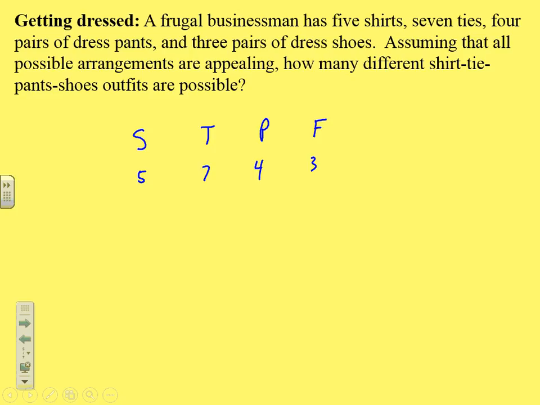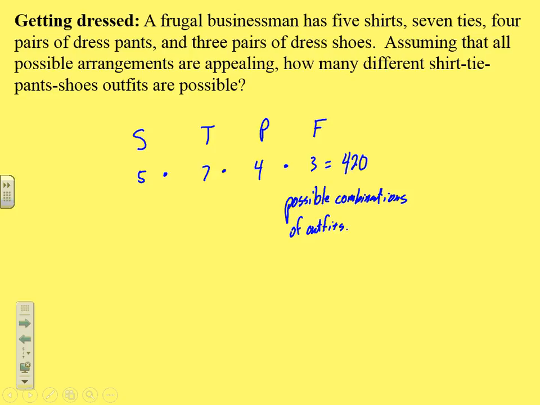And so the fundamental principle of counting says take these things and multiply them all together. And so that would give you 420 possible combinations of outfits. Okay, and so that's essentially all you're doing there.